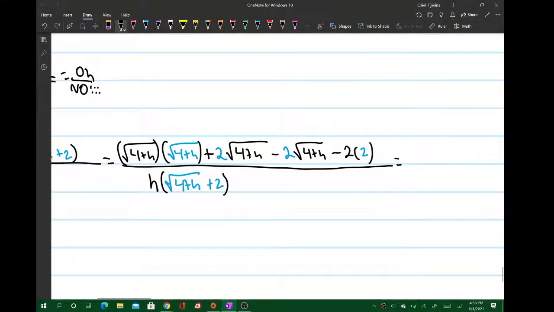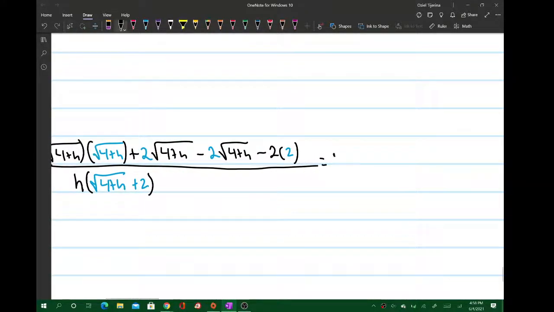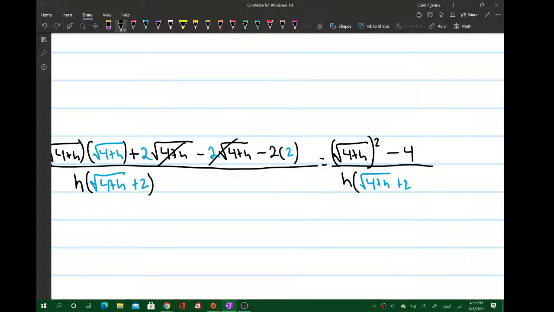So obviously this is equal to the square root of 4 plus h all squared. And then these two cancel out, and then you're going to have minus 4 all over h times the square root of 4 plus h plus 2.